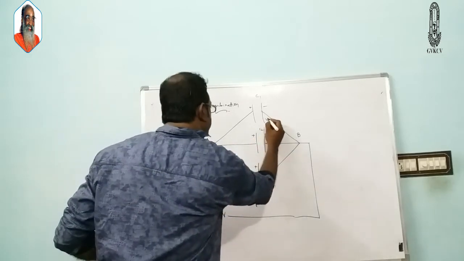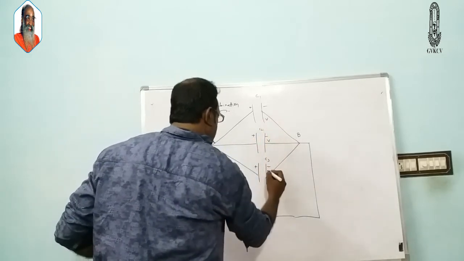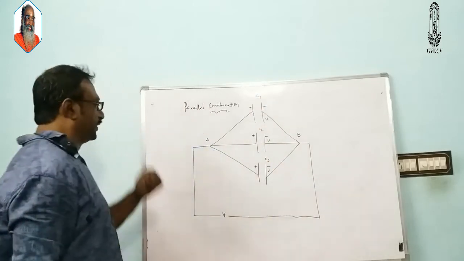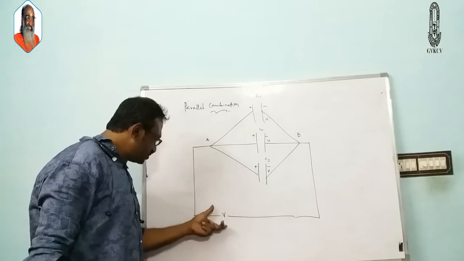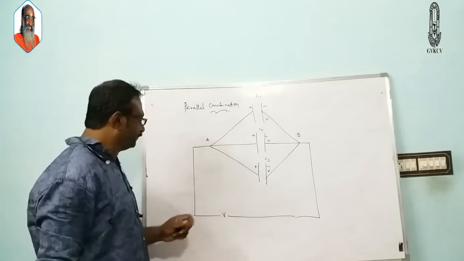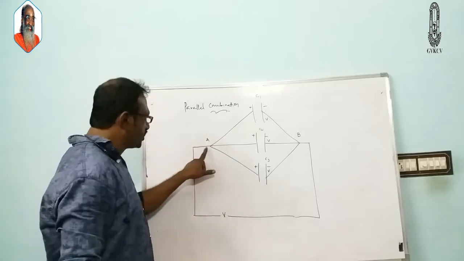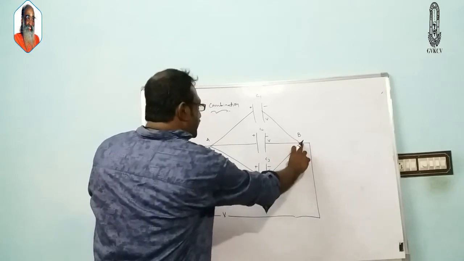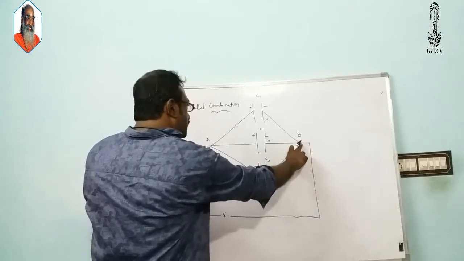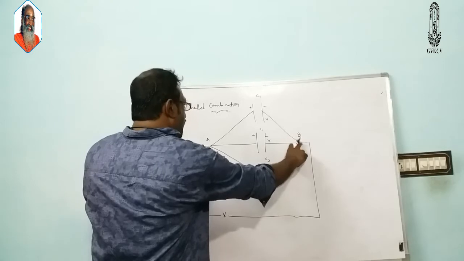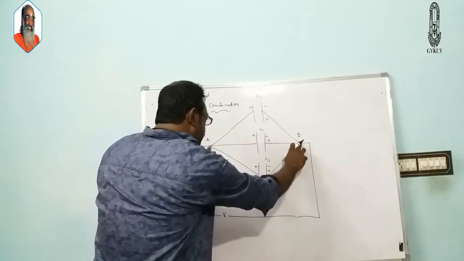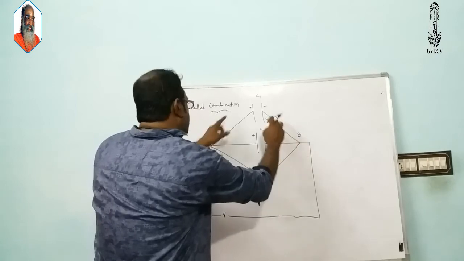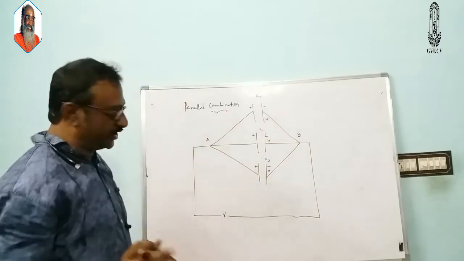So this is V, for this it will be V, and for this it will be V. Again I am repeating: the source maintains the potential difference V across A and B, and as these capacitors are connected to A and B individually, their potentials also remain V itself.